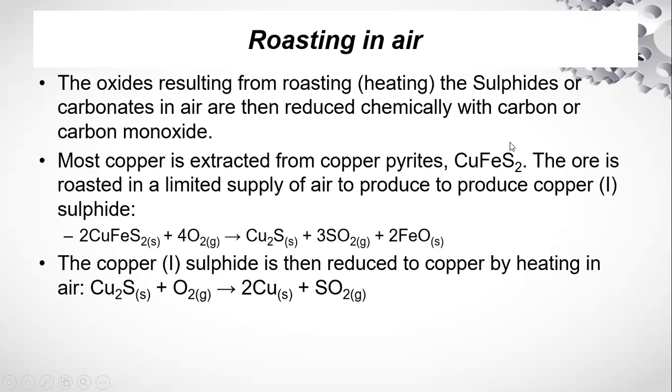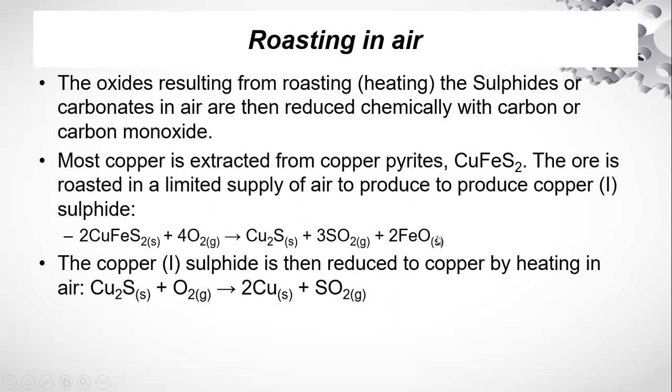Now the ore is roasted in a limited supply of air to produce copper sulfide, as well as iron oxide. So as you can see here, this is the chalcopyrite, which when it reacts in a limited supply of air, that is oxygen, results in copper sulfide plus sulfur dioxide gas and the iron oxide.